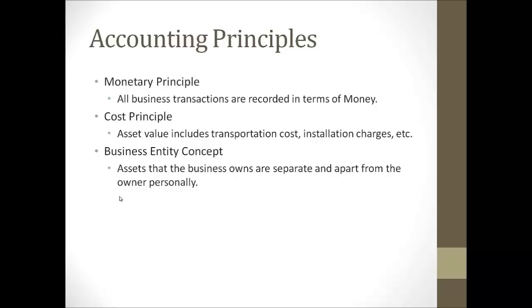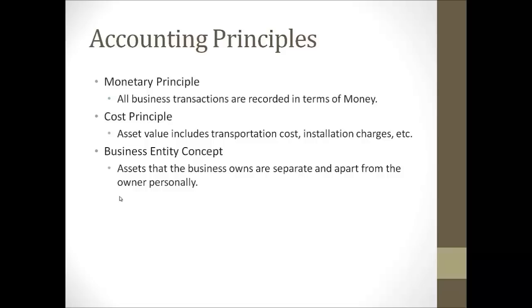So even though this computer in the office, or this cash register, and the money in the pizza place are the owner's, for accounting purposes and for legal purposes, these are separate entities until the owner decides to take the money out of the business.